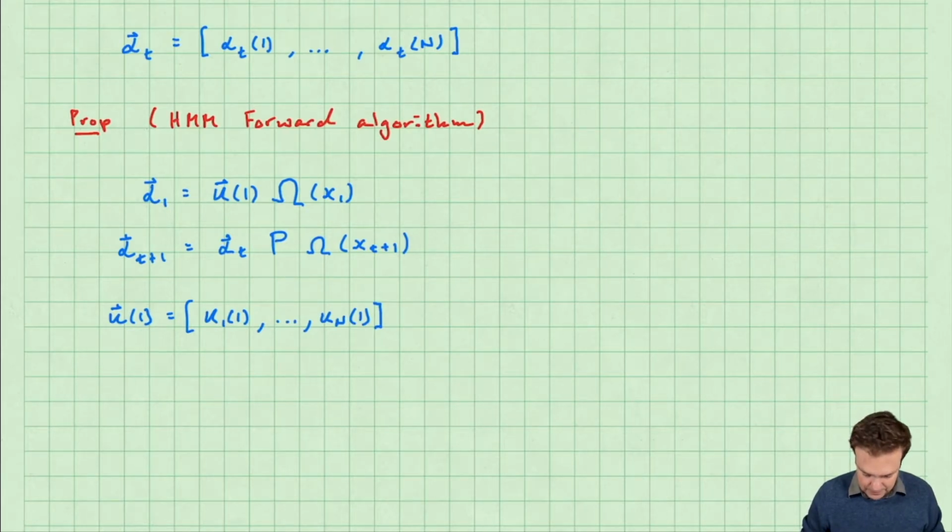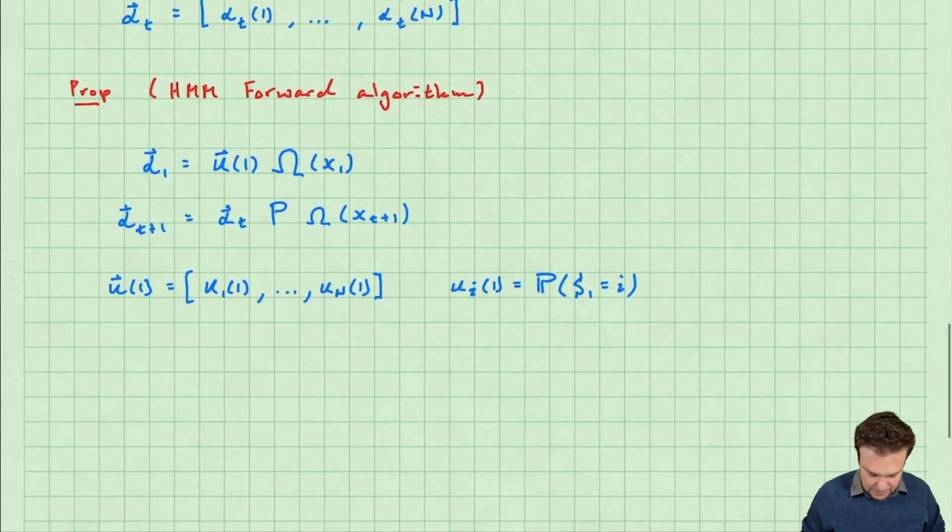And each of these, u1,i, is the probability that S sub 1 is equal to i. All right, so that's just the initial distribution vector. And then P is the usual.